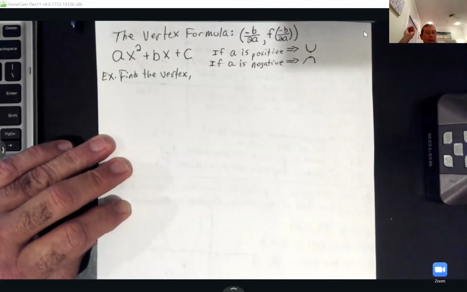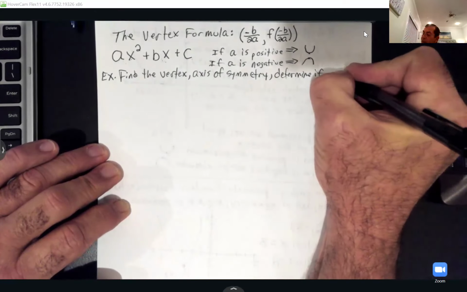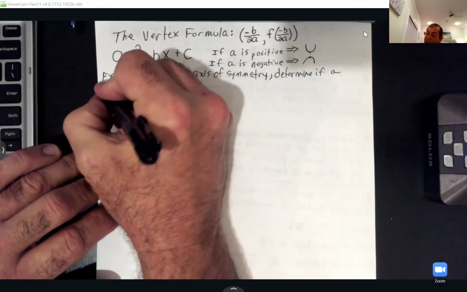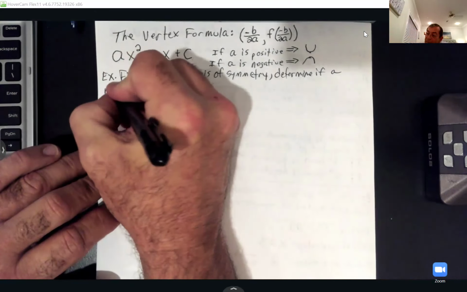All right, then we're going to determine if it's a minimum or maximum and the value. So we have to tell it, okay, you got a maximum here, what's the value? Or, hey, we got a minimum here, what's that value? And then the last thing, we're going to graph it.